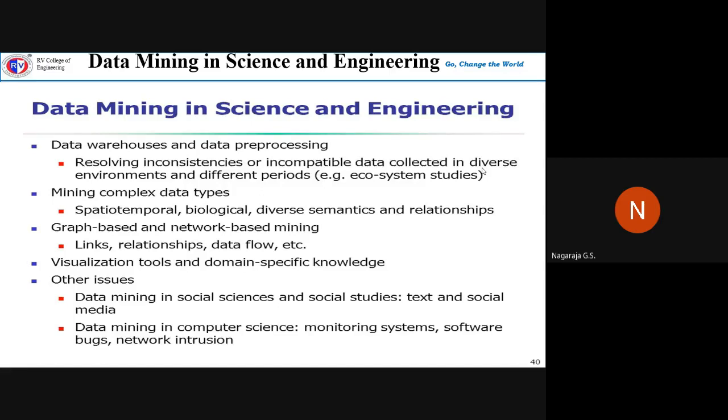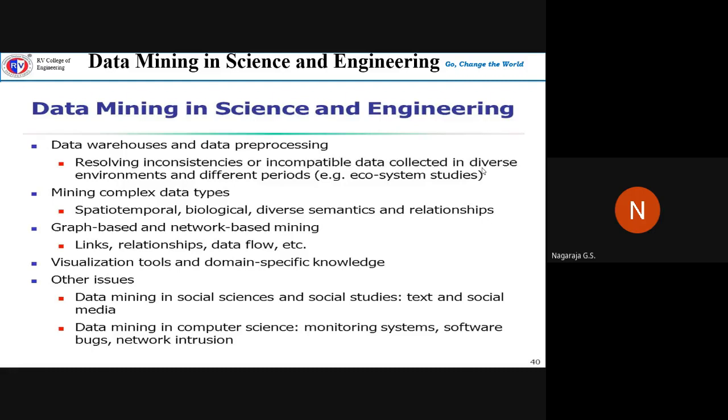Then the next one is visualization tools and domain specific knowledge. I think we have followed visualization tools right from the beginning of this course. A lot of visualization tools are currently available, but however there is scope to improve upon, to represent your applications.